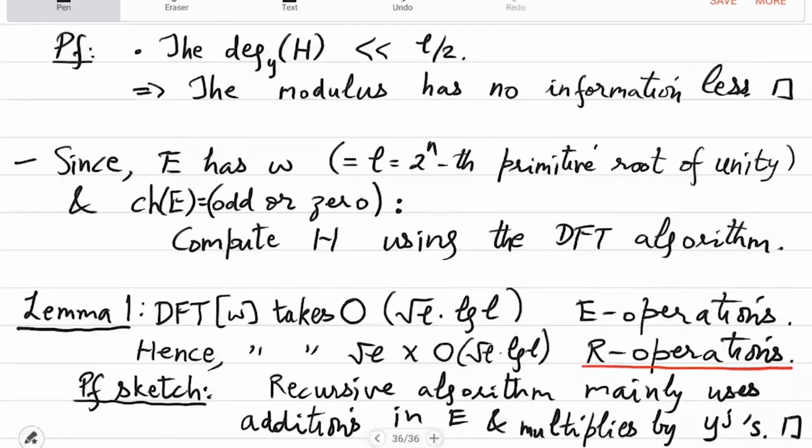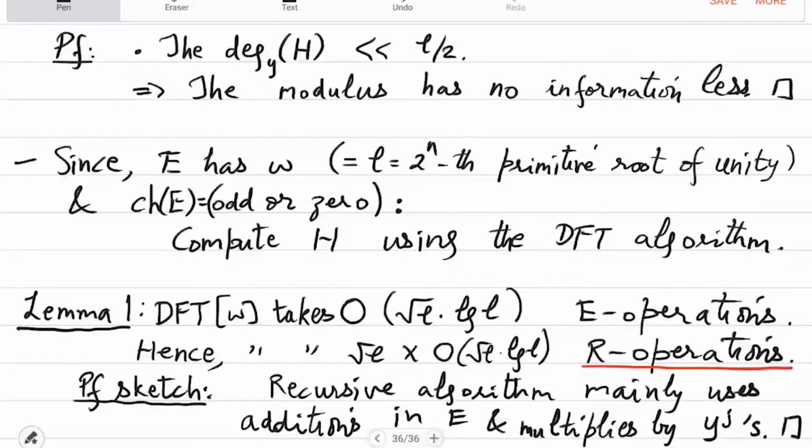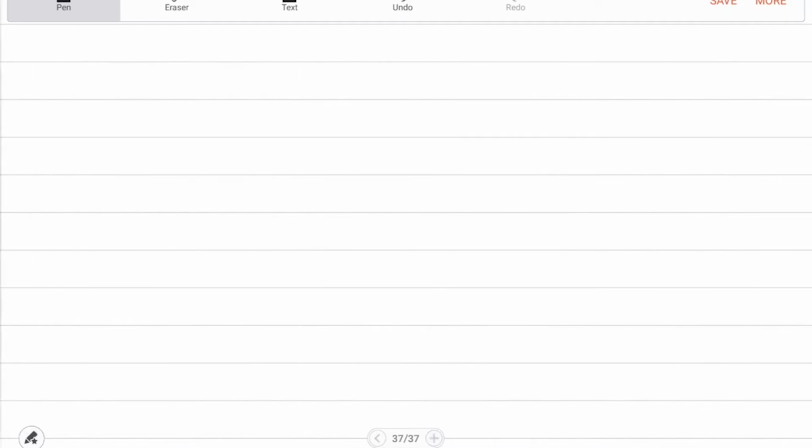So multiplications are actually very simple, and everything else is addition that is happening in the recursive algorithm. So you just have to multiply by a linear factor of square root L. Okay, so that is the DFT omega part. Once you have done DFT omega on big F and big G, then you will have to multiply the values. That is the actual multiplication, so we have to now add that. That's a bit more complicated and expensive. So let's look at that.